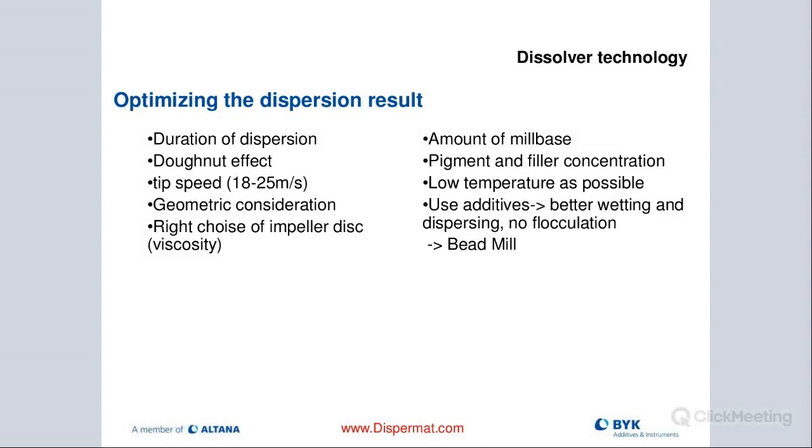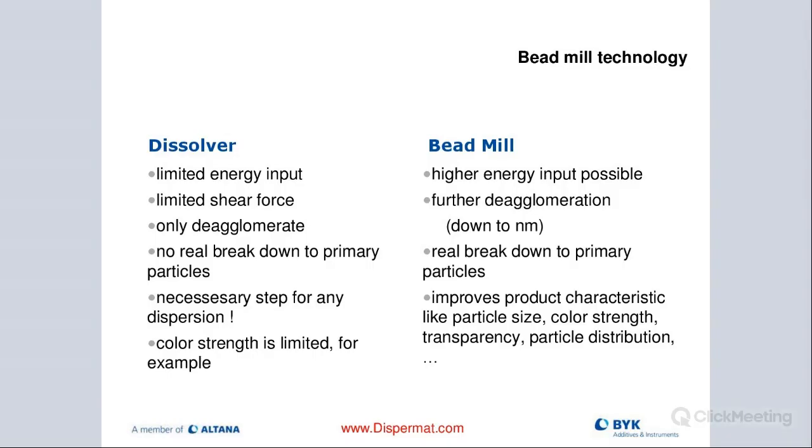Obviously, when you're dispersing or milling, you're going to add a lot of energy and put a lot of heat into the mill base, and therefore we like to use some cooling to really keep the temperature as low as we can. And then at the end, obviously, we want to use additives to really improve our results for wetting and dispersing. And obviously, we don't want the pigments to flocculate back together. And then the bead mill would then be the second step.